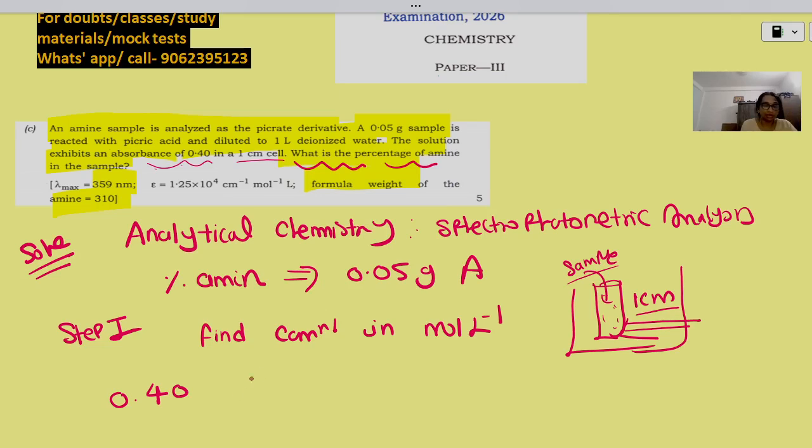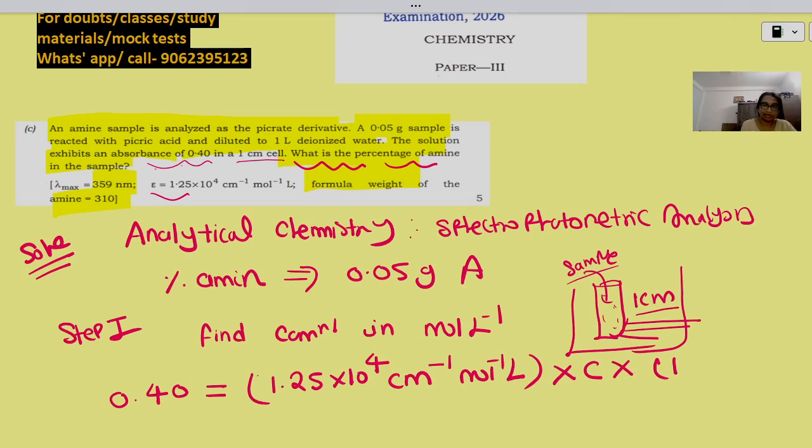So here the absorbance is 0.40, which is equal to epsilon, and we can put this value as 1.25 into 10 to the power 4 per centimeter per mole. Now C is the concentration, and 1 is the 1 centimeter, the cuvette length.